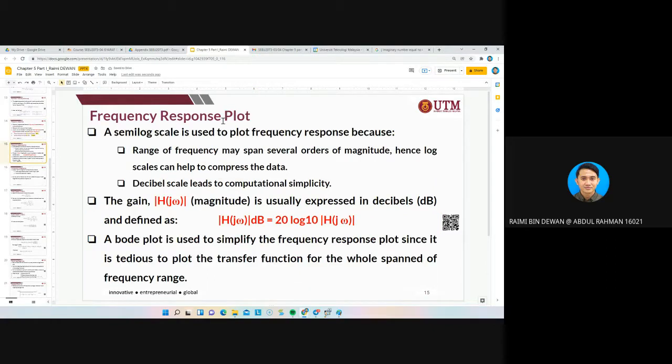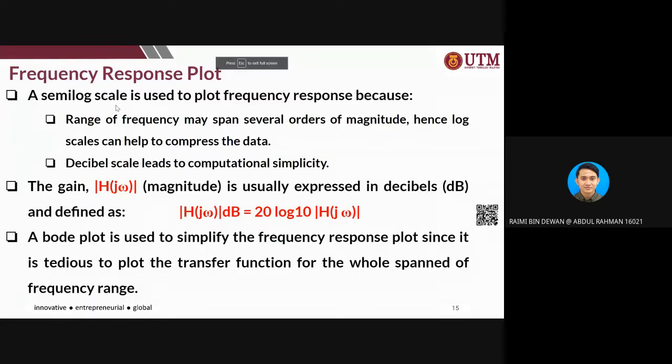So frequency response plot on a semi-log scale, you will see this graph. I'm not sure whether you've seen it before. Graph semi-log, how does it look like? Later on I will show. It's used to plot frequency response because the range of frequency may span several orders of magnitude. Hence, log scale can help to compress data. For example, if you have one data which is for example 50 in value, then the next data is actually 500 or 5,000.